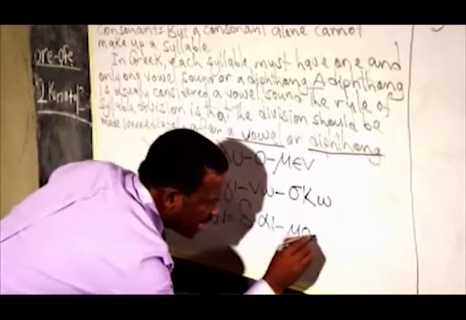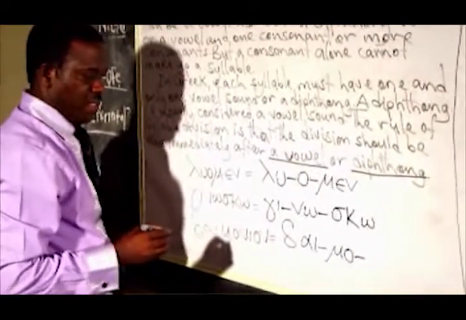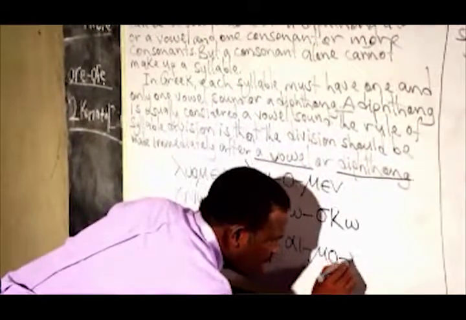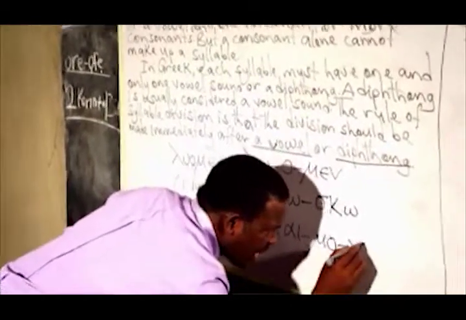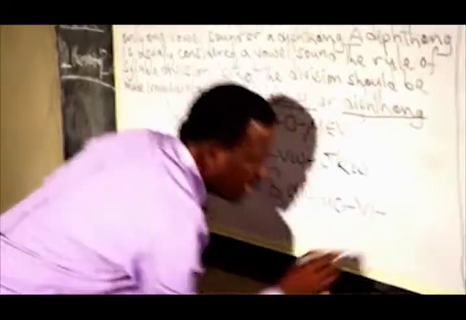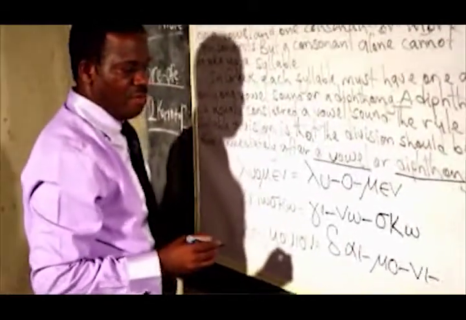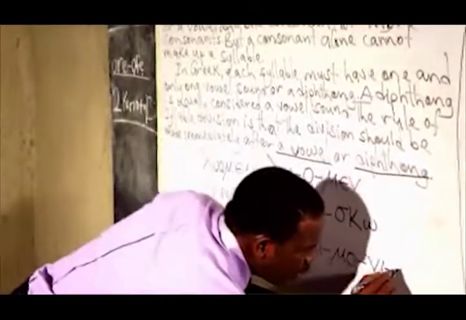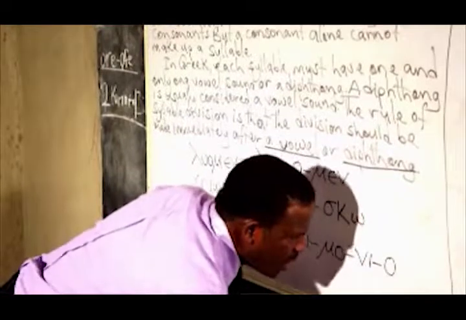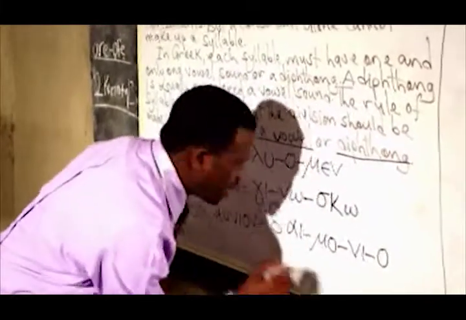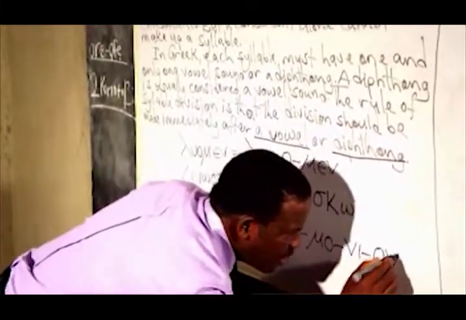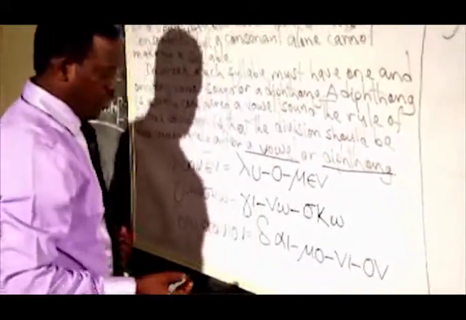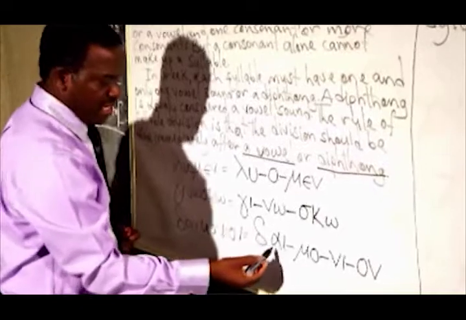Then we draw the line again: mo, di, mo. The next letter is nu, followed by iota, a vowel. We draw the line again: di, mo, ni. Then we take the next letter, which is omicron. And the last letter is nu, which joins the omicron. We now have on.